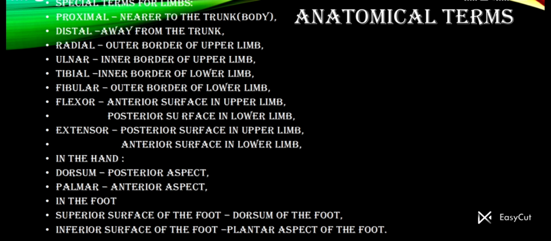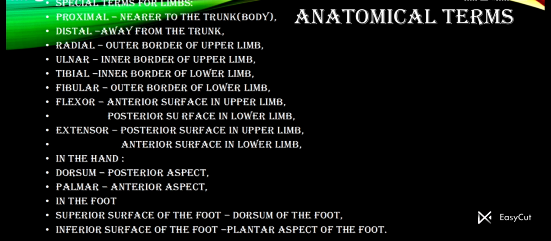Then palmar means anterior aspect of the hand. Front aspect of the hand is called palmar. For example, the median nerve reaches the palm of the hand, that means it reaches the front aspect of the hand. Then in the foot, the superior surface of the foot is called dorsum of the foot.